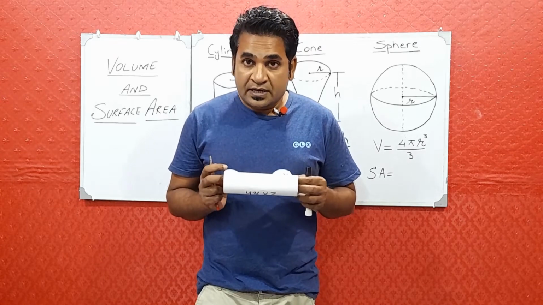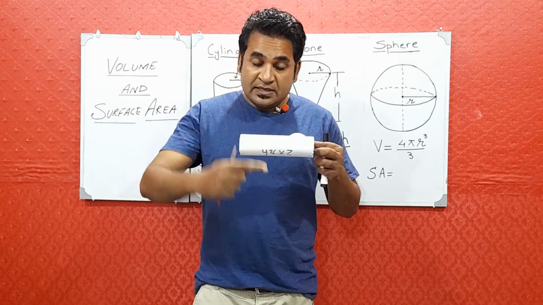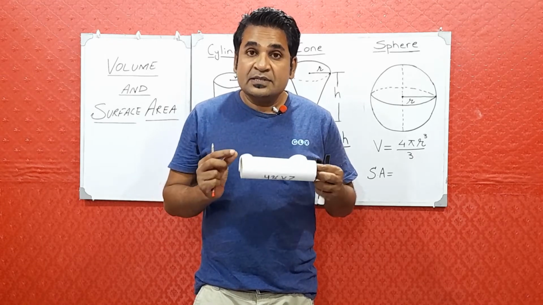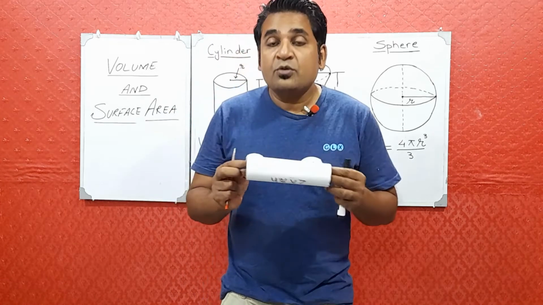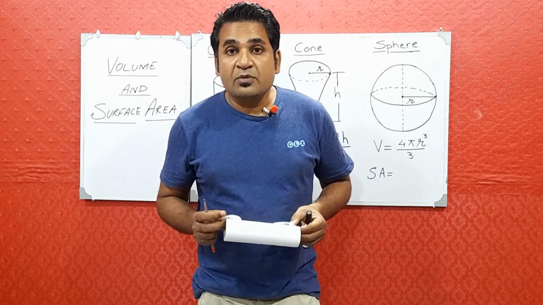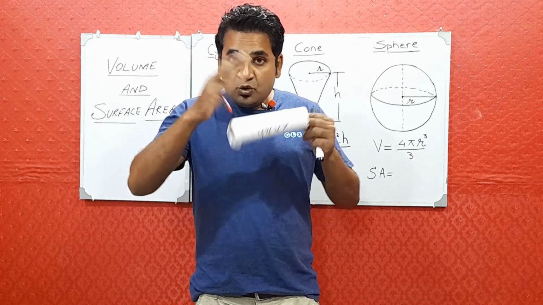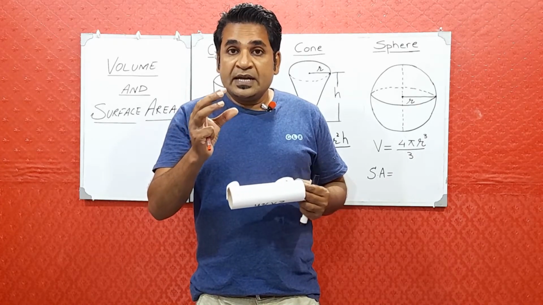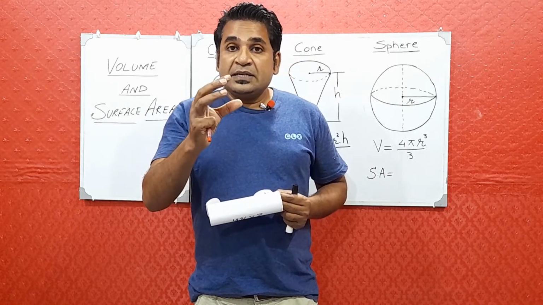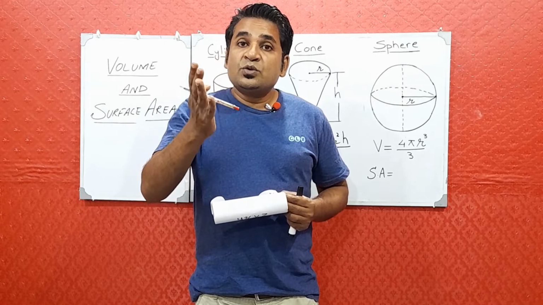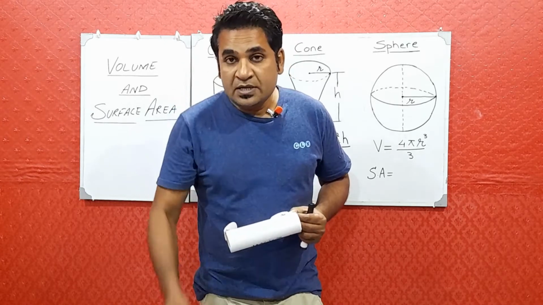The area which the outermost surface covers is called the surface area of this cylinder or of any shape. Like if we talk about the cuboid, it consists of 6 rectangles, and the area covered by those 6 rectangles is the surface area of the cuboid.